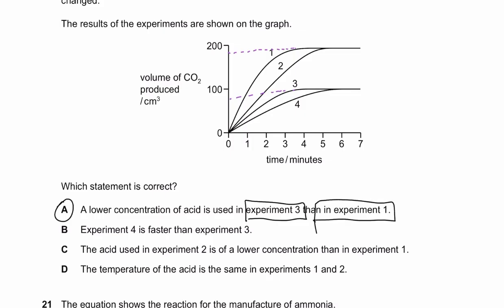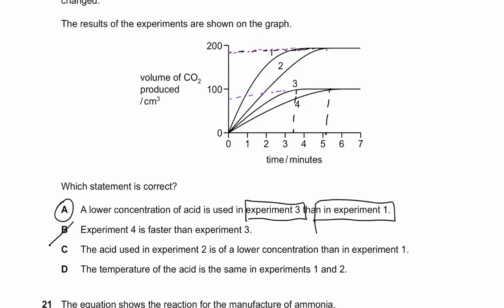If you check B, C, and D out, experiment 4 is faster than experiment 3. No, 3 finishes here and 4 finishes after that. So that's absolutely wrong. The acid used in experiment 2 is of a lower concentration than in experiment 1. That's not true, because the volume of carbon dioxide produced is the same here, right?